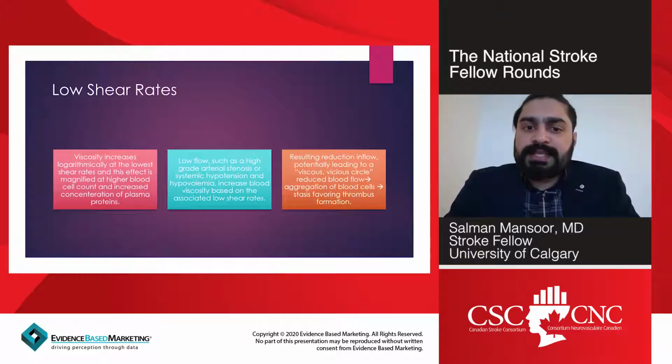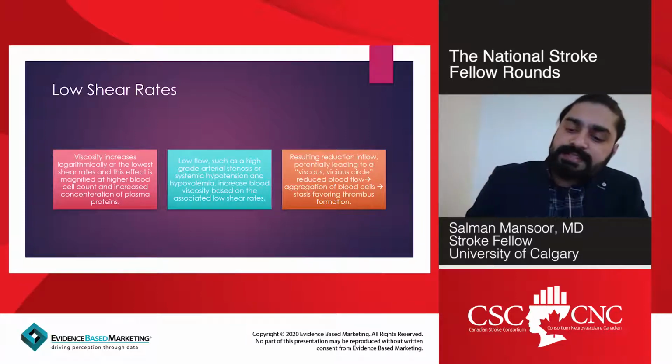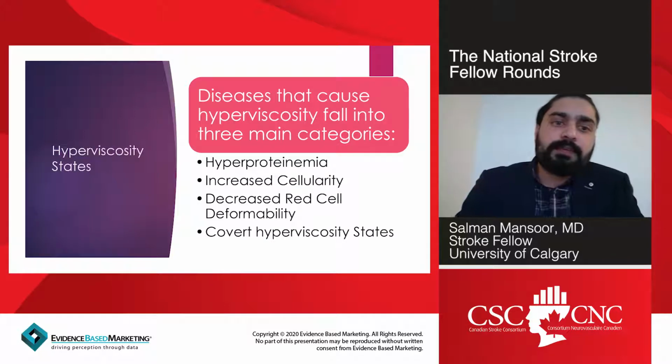Low flow, such as high-grade arterial stenosis, systemic hypotension or a hypovolemic state, increases blood viscosity based upon the associated low shear rates. This results in a reduction of inflow and potentially leads to a vicious cycle, which leads to aggregation of blood cells, stasis, and favoring of thrombus formation.